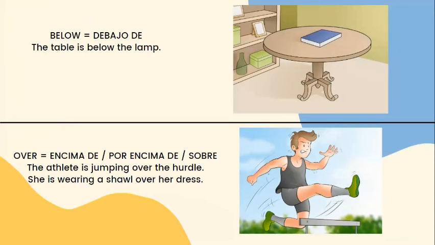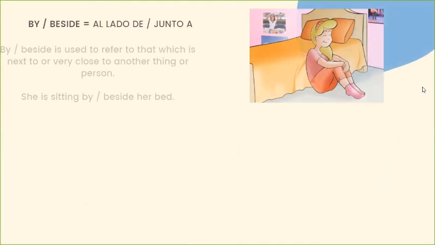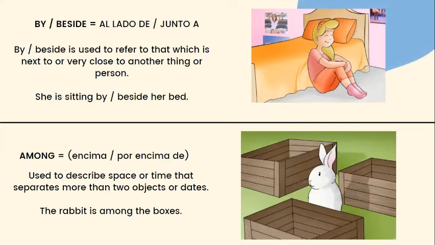Over signifies encima de, por encima de, sobre. The athlete is jumping over the hurdle. She is wearing a scarf over her dress. By or beside signifies al lado de, junto a.